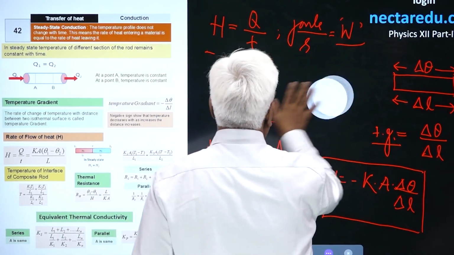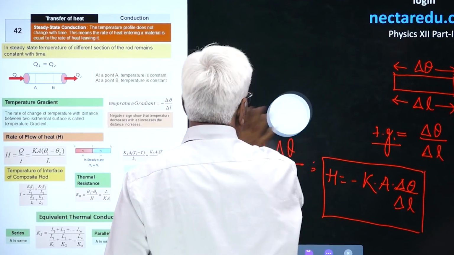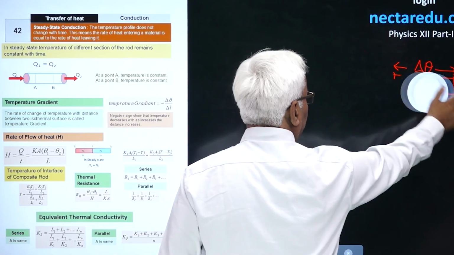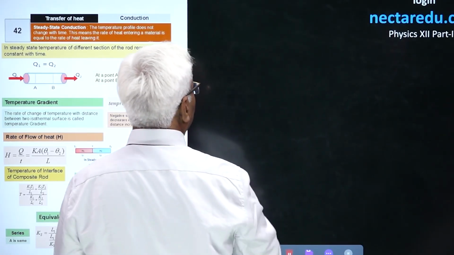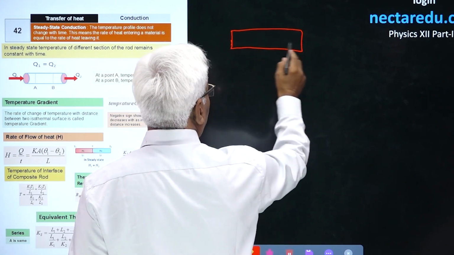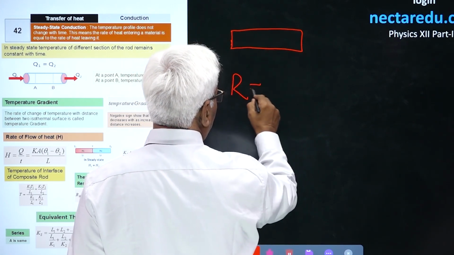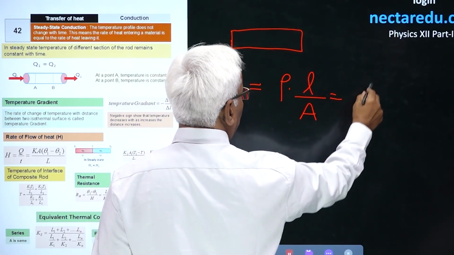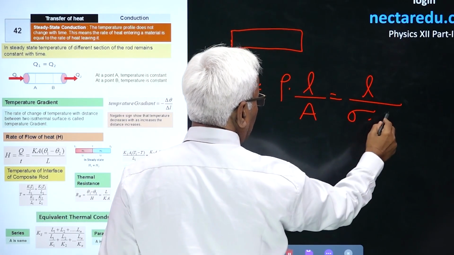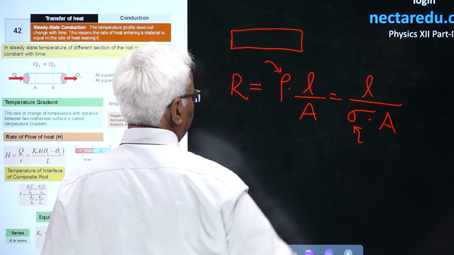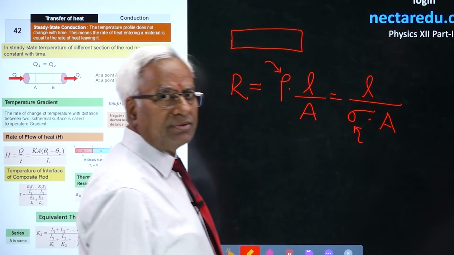Now we'll see how the thermal resistance is defined and how we get the equivalent value of thermal resistances. Suppose it is electric resistance, then in that case, this is the relation rho L by A, or you could say L upon sigma A. Sigma is a specific conductivity, whereas rho is known as resistivity.